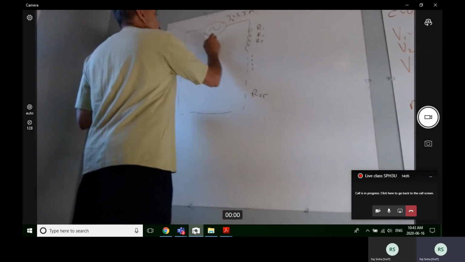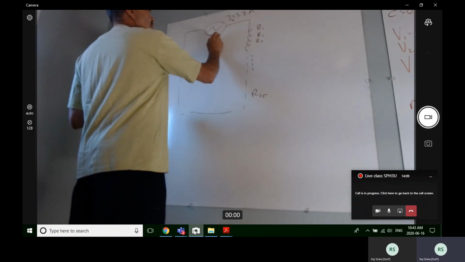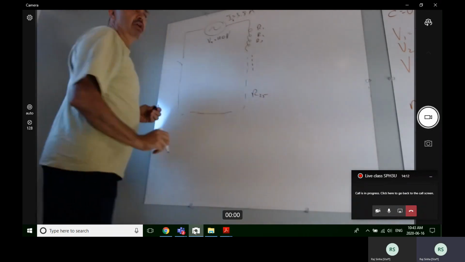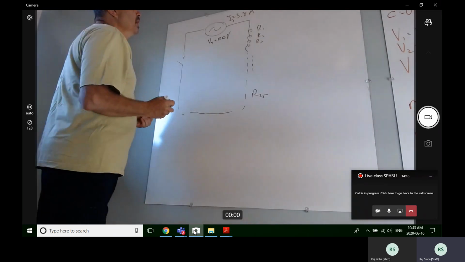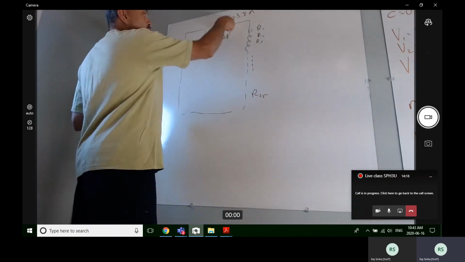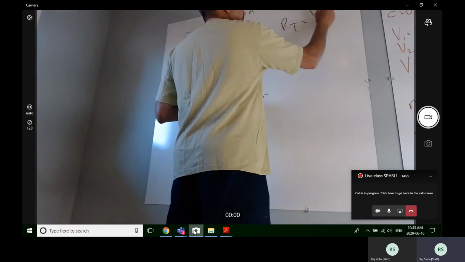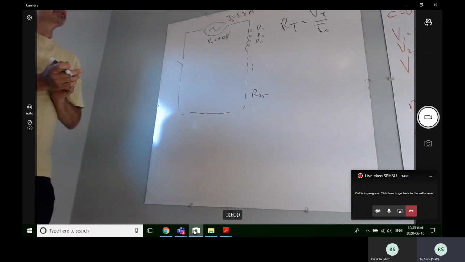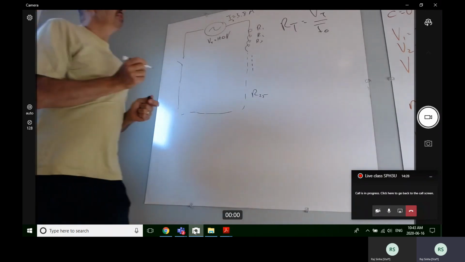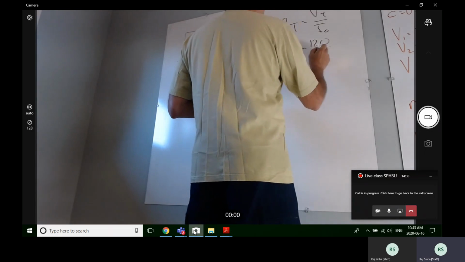And I'm going to give myself a total voltage, you can call it VT, of 120 volts. If I know the current and the voltage, I can calculate the total resistance in the circuit as V equals IR, R equals V over I. So I will get a total resistance.